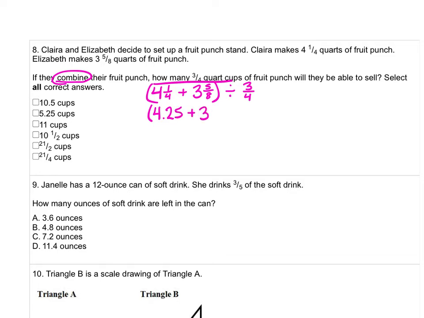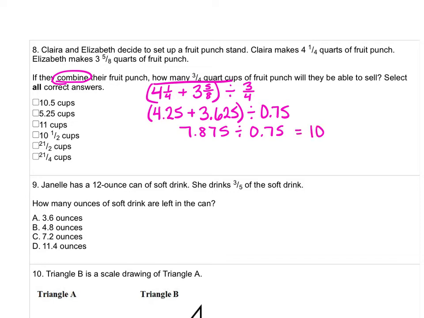Instead of 3 5/8, I'm going to use 3.625. And instead of 3/4, I'm going to use 0.75. So I'm just going to go to my calculator and find out that 4.25 plus 3.625 is 7.875. And then I'm going to divide that by 0.75.